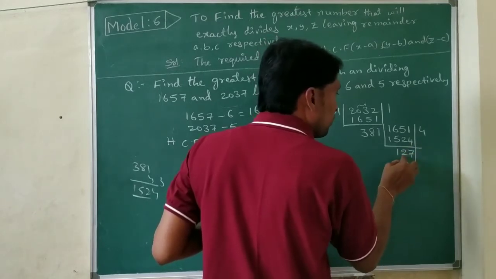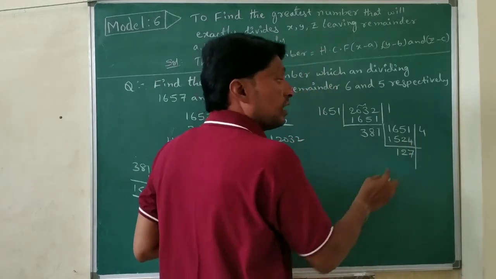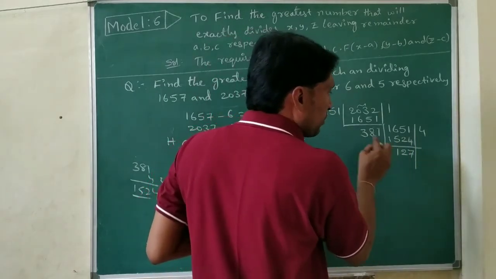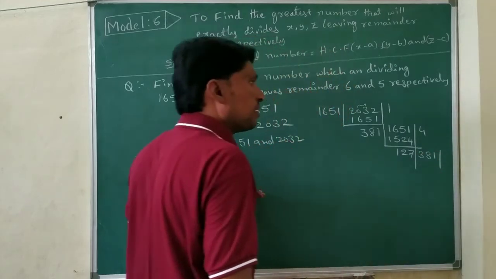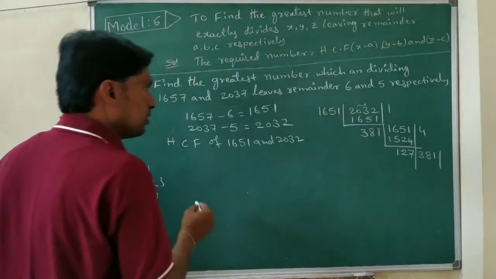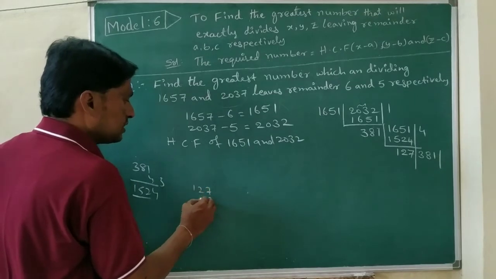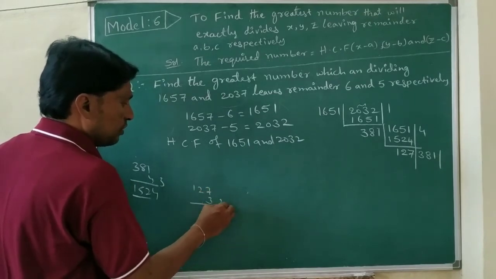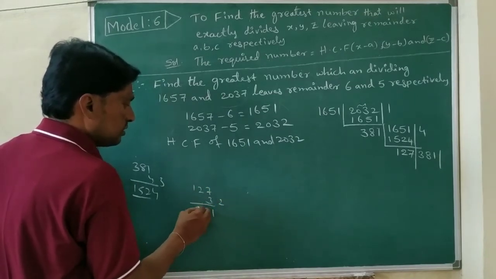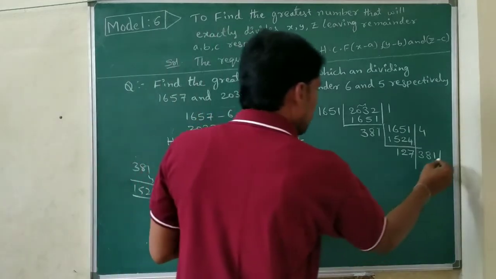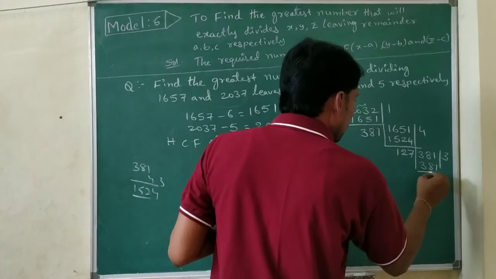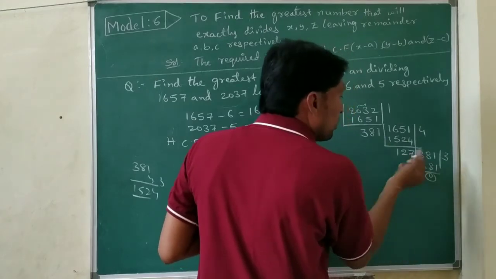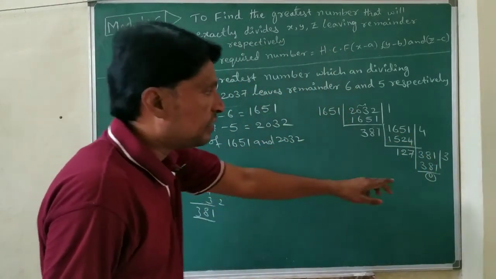Now this remainder we take as the divisor, and this one we take as the dividend. So 381 is the dividend. So 127 3s, check it. 3s are 381.